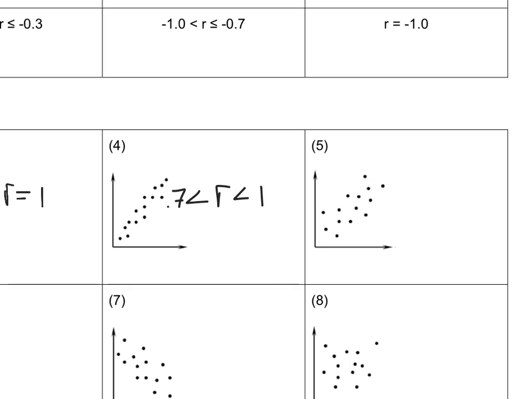Now these are like Regents rules. It's really kind of annoying that they make you learn these for the Regents for some reason. I have no idea why, because I've taught college level and AP statistics for almost 20 years. These are not rules. The rule is the closer it is to 1 or -1, the closer it is to perfection.